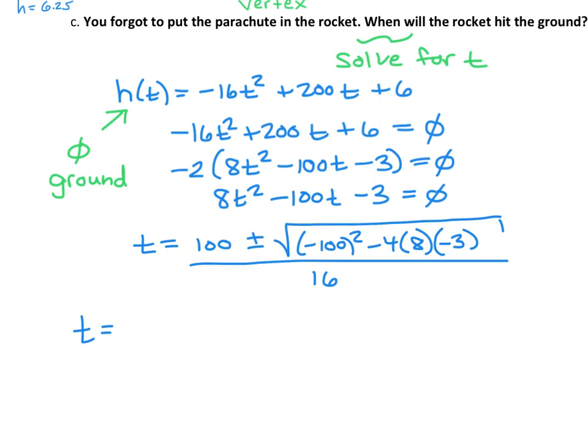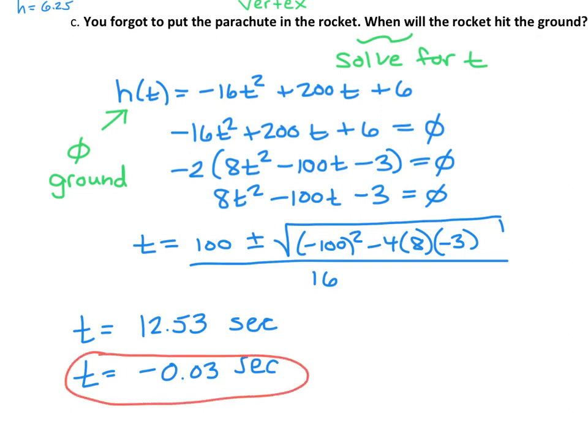But when you plug this whole thing in, you're going to get 2 values of t. The first value of t is 12.53 seconds. And the other value of t is going to be a negative 3/100ths of a second. Now, in this context, a negative time point makes no sense.